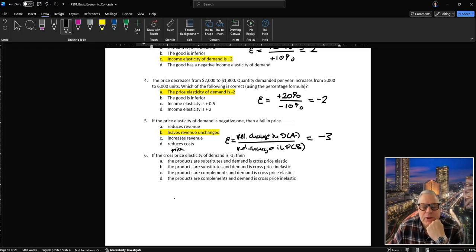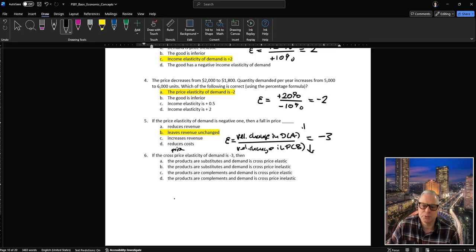Now, are these substitutes or complements? Let's go through an example. Assume they are substitutes. Then if the price for, let's say, apples goes down, that means we will now consume more apples, but then we obviously eat fewer pears.